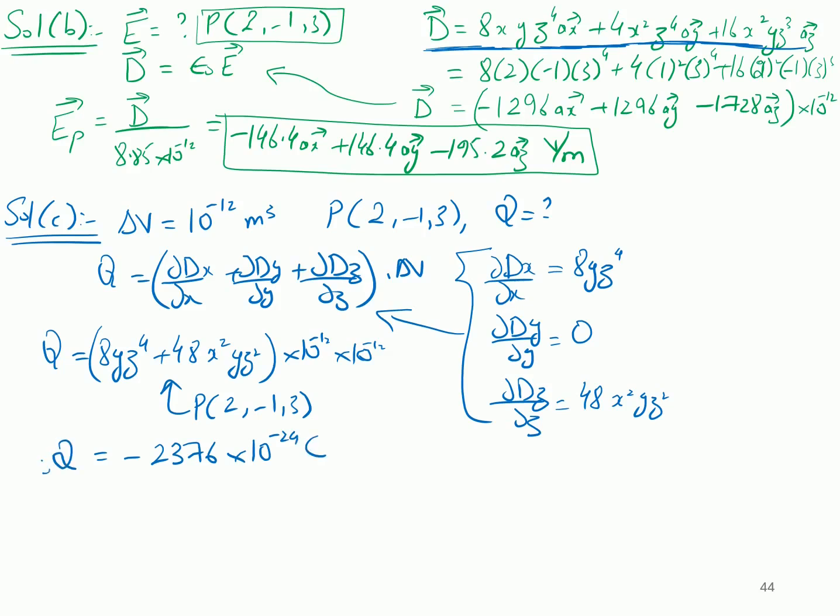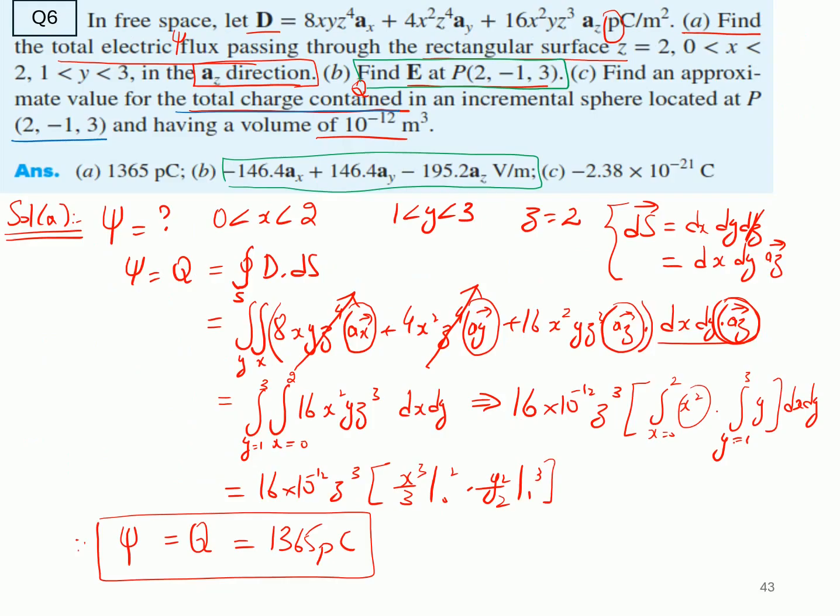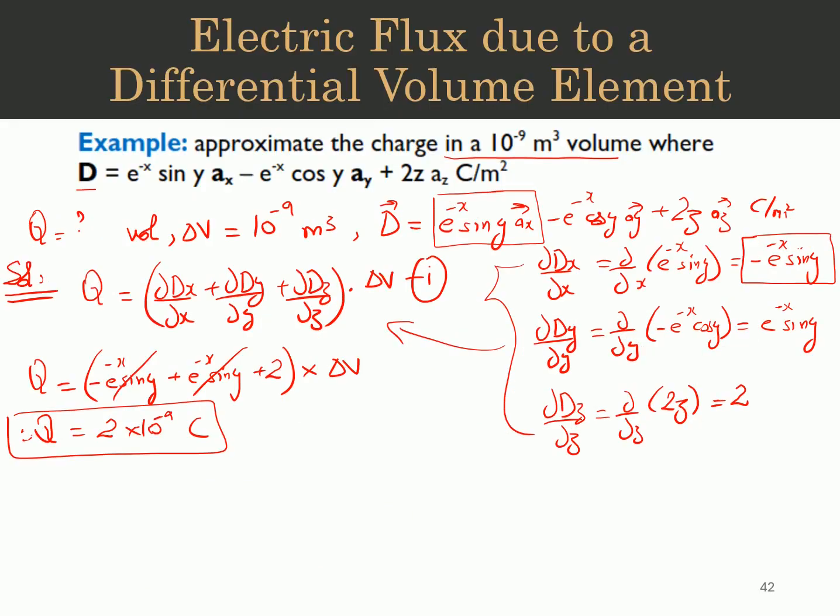This is the charge on the asymmetric Gaussian surface, and let us verify this. Yeah, this is almost the same. So this is how we solve the problem associated with asymmetric Gaussian surfaces using the very important equation of the partial derivative, which is this one.